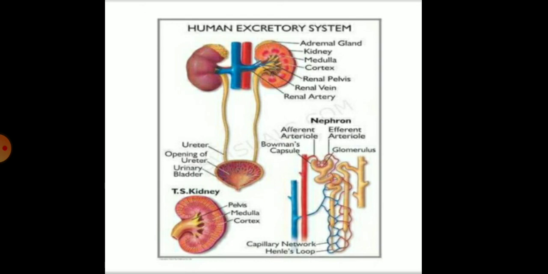And also the structure of the nephron, in which the cup-like Bowman's capsule is present, in which the glomerulus blood capillaries are present, and the hairpin-like structure, Henle's loop, is present. So children, this is the structure of the human excretory system.